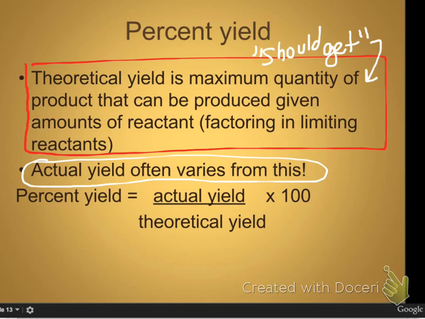Often when you're running a reaction, you get mechanical loss, and it's the same kind of thing. You didn't scrape down the sides of your evaporating dish. You didn't thoroughly wash your Erlenmeyer flask. So things like that happen. All the percent yield is that actual yield, so what you really got, divided by what you should have gotten.